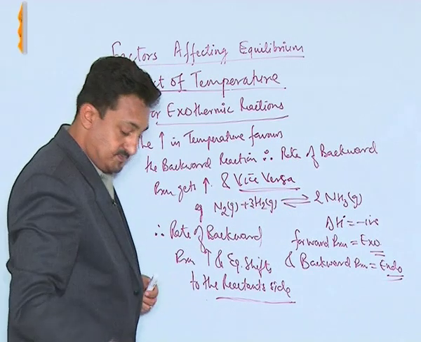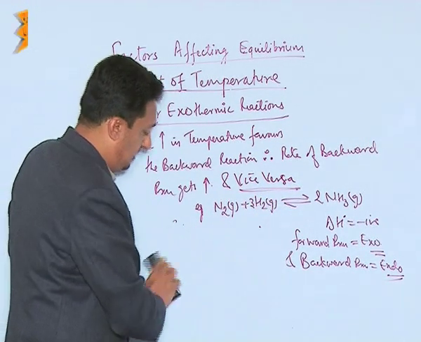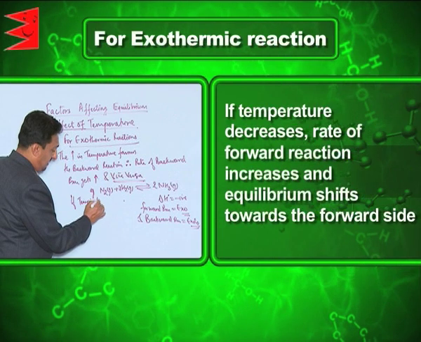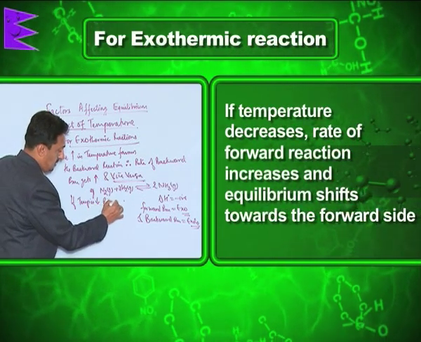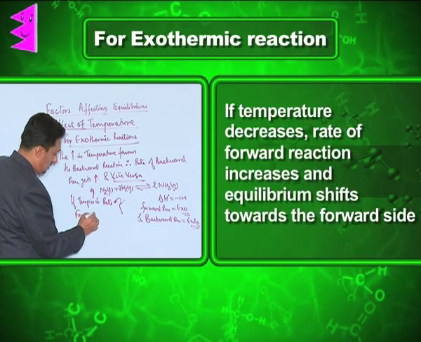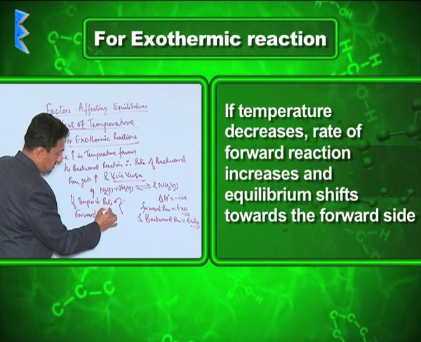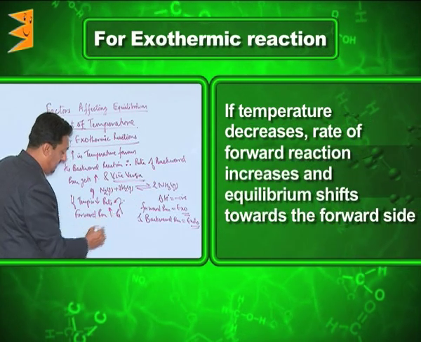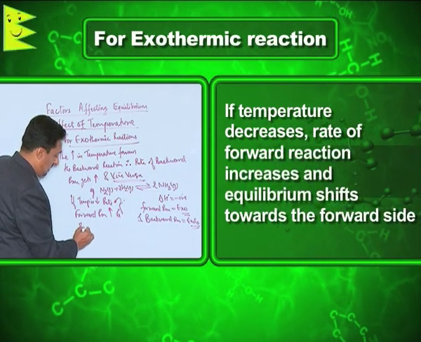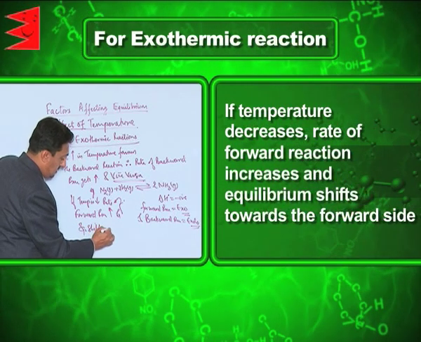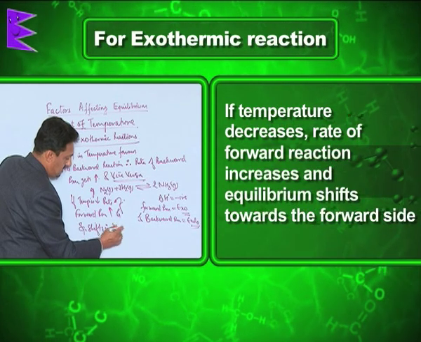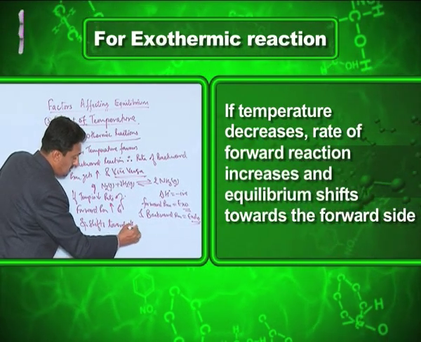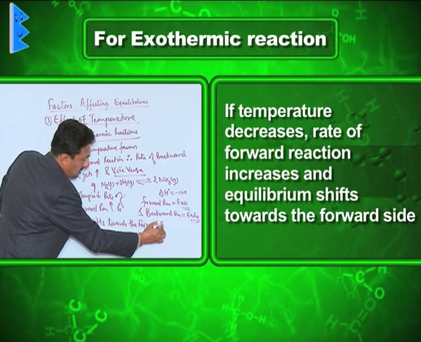It means for exothermic reaction, if temperature is decreased, rate of forward reaction increases, it will move toward the forward side, and equilibrium shifts towards the forward side.